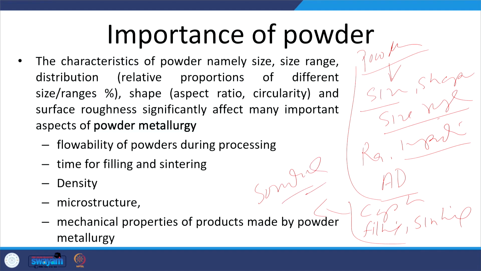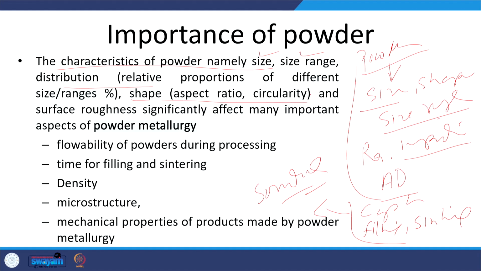So, it is very important that we learn and know about the various characteristics associated with the powders. The characteristics of the powders, namely size range and distribution, means what is the proportion of the powders corresponding to the different sizes.